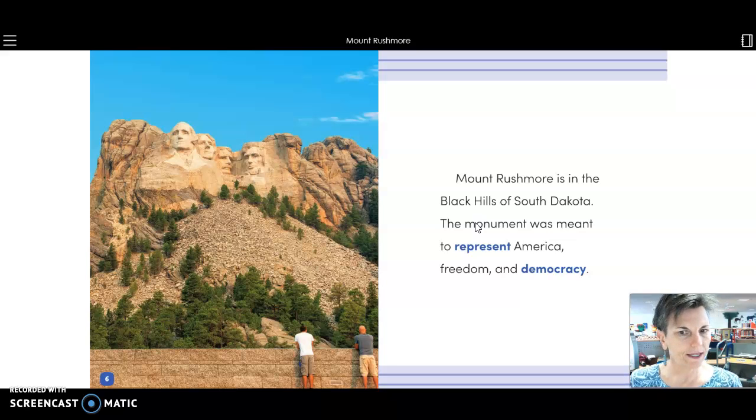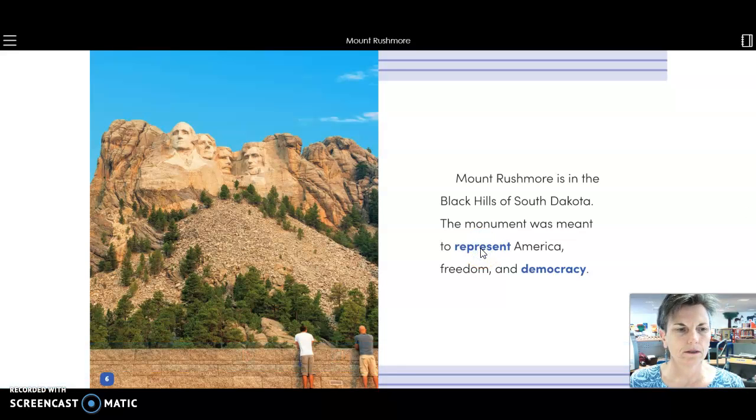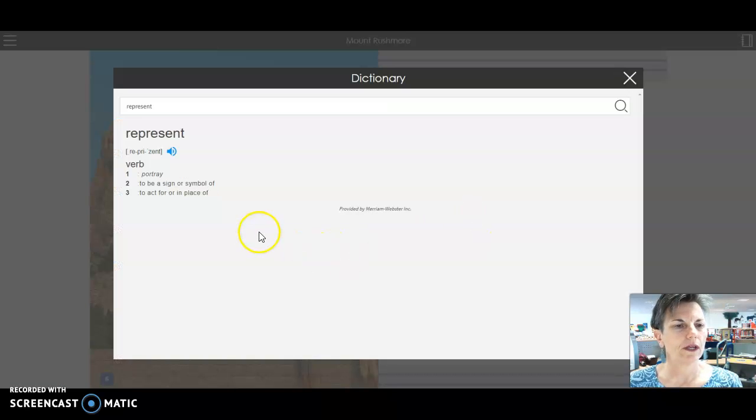So once again, there's our vocabulary word. We can click on it. There it is. Boy, I had to click a bunch of times. Don't get frustrated. Don't give up. Persistence counts, right? So represent is a verb, to portray, to be a sign or symbol of.